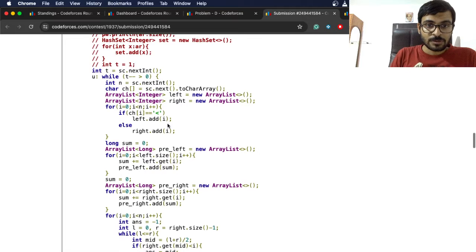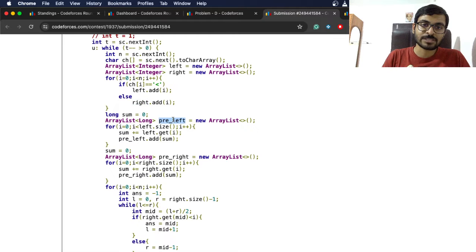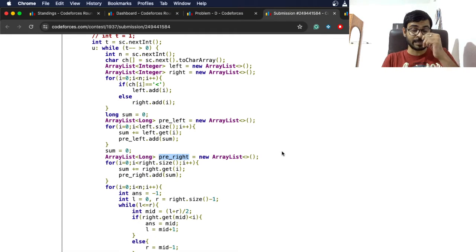Here I'm taking the indexes of the left and right pointers, my left array and my right array. Now there is a prefix left of this left array and a prefix right of this right array, whatever I was showing as PL and PR.